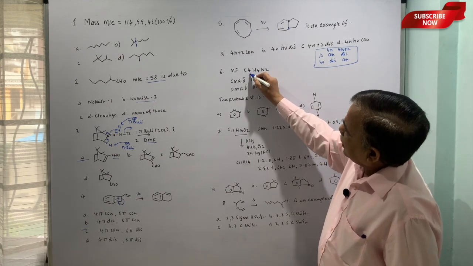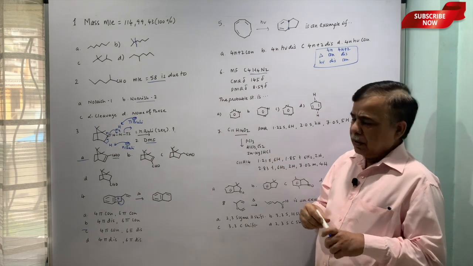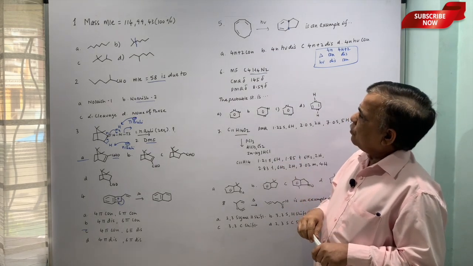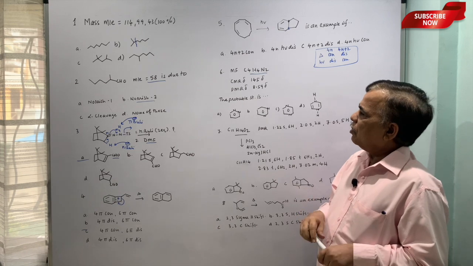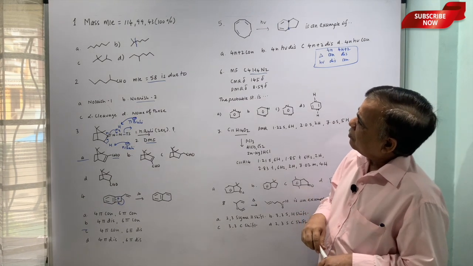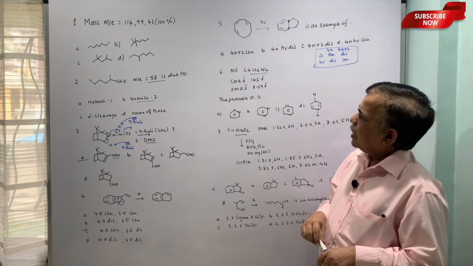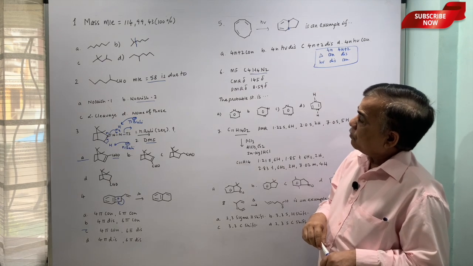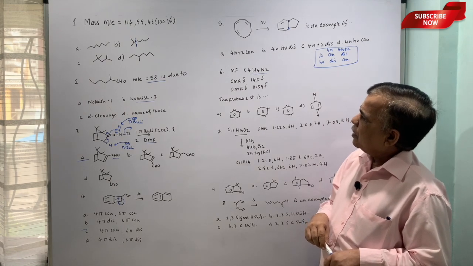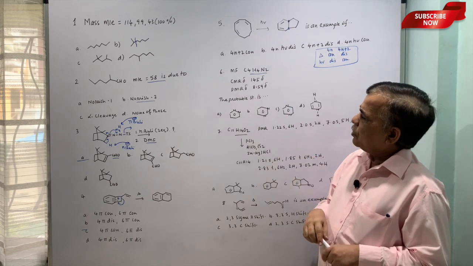Then the next one is interesting, C4H4N2. This is the molecular formula. With this you can find out the sites of unsaturation as 4, as C6H6, because we are putting CH for each nitrogen.